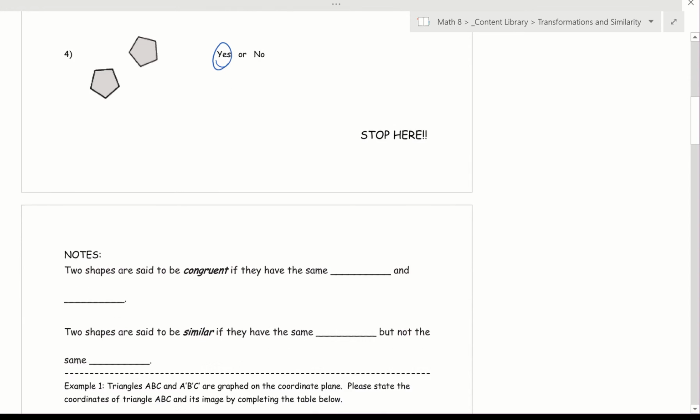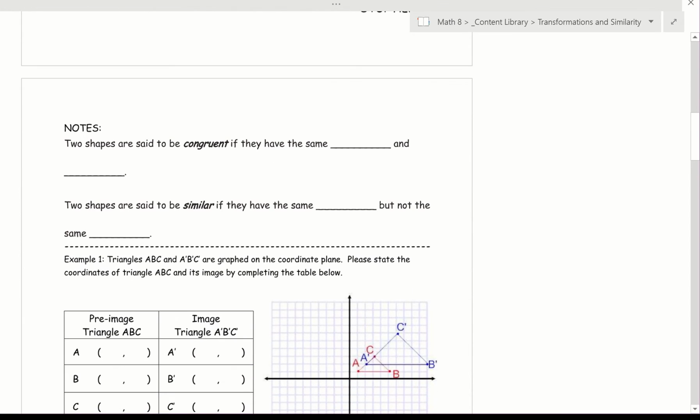Now, two shapes are said to be congruent if they have the same blank and blank. So if they have the same shape and the same size. Okay.